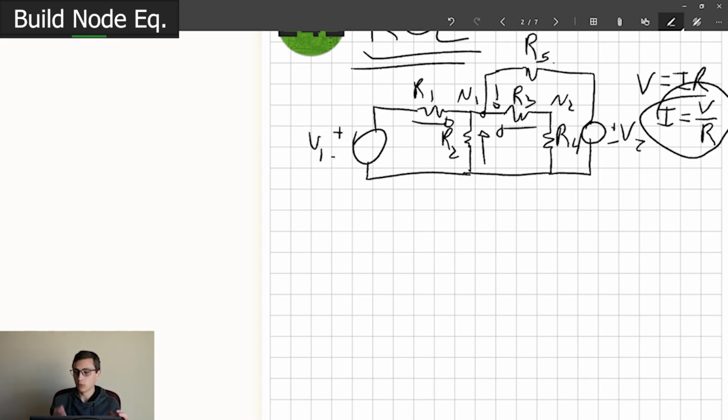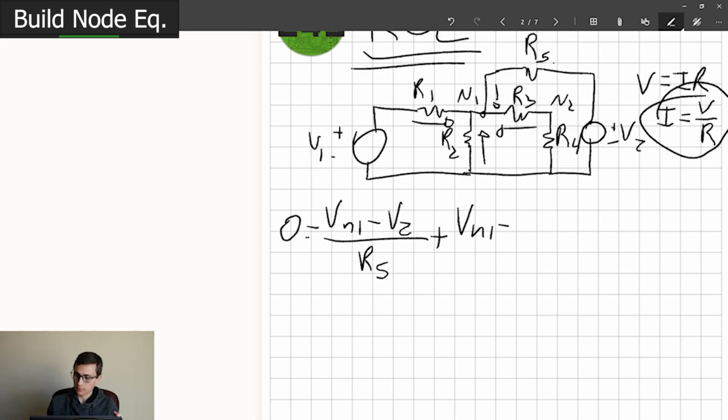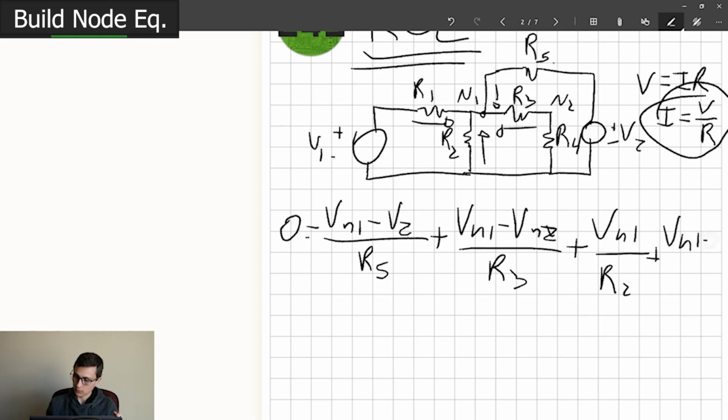So if we're building the equation for node 1, we would say that 0 equals the voltage at node 1 minus V2 divided by R5, plus the voltage at node 1 minus voltage at node 2 divided by R3, plus the voltage at node 1 divided by R2, plus voltage at node 1 minus V1 divided by R1.